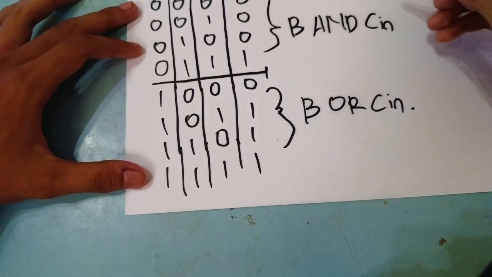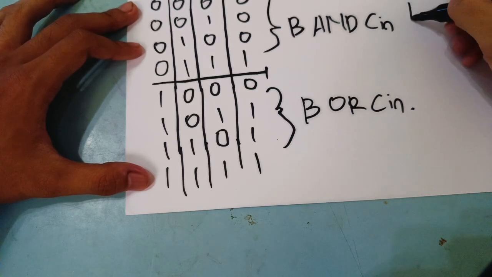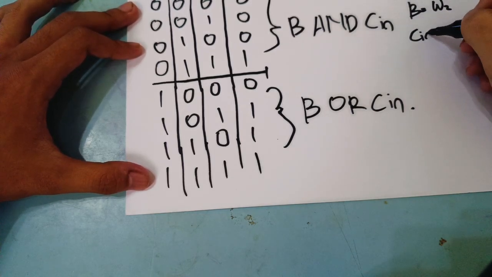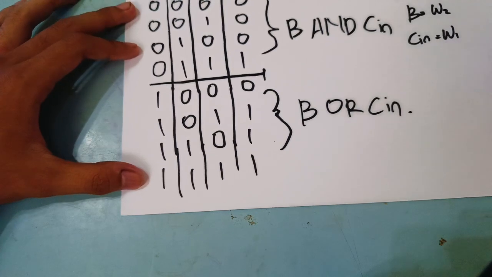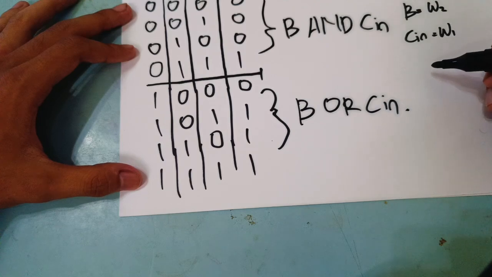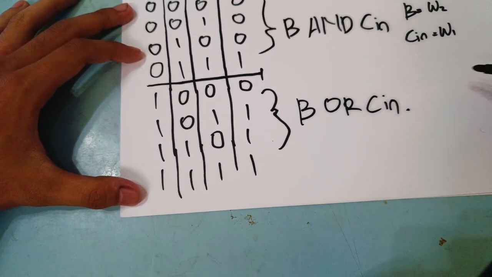Let's consider that A is W3, B is W2, and C is W1. And from this equation, let's put W3 as the focus point.